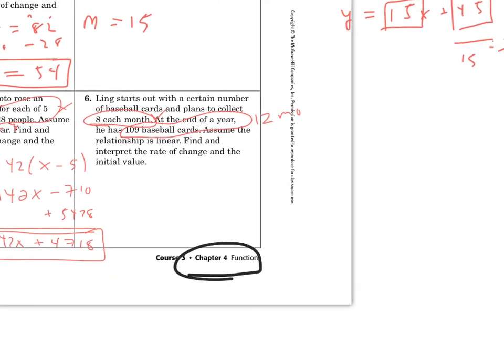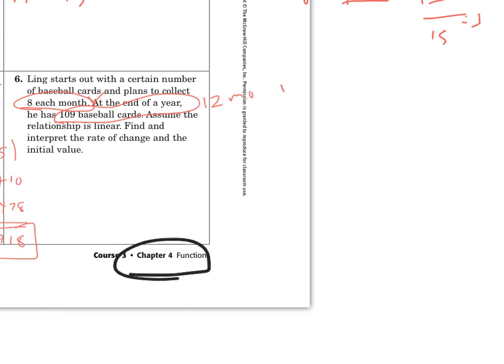So again, we just go back to our standard formula. This is the point slope formula because we're using the slope and a point. So this is the point, x and y, and this is the slope. That's why we call it the point slope formula.